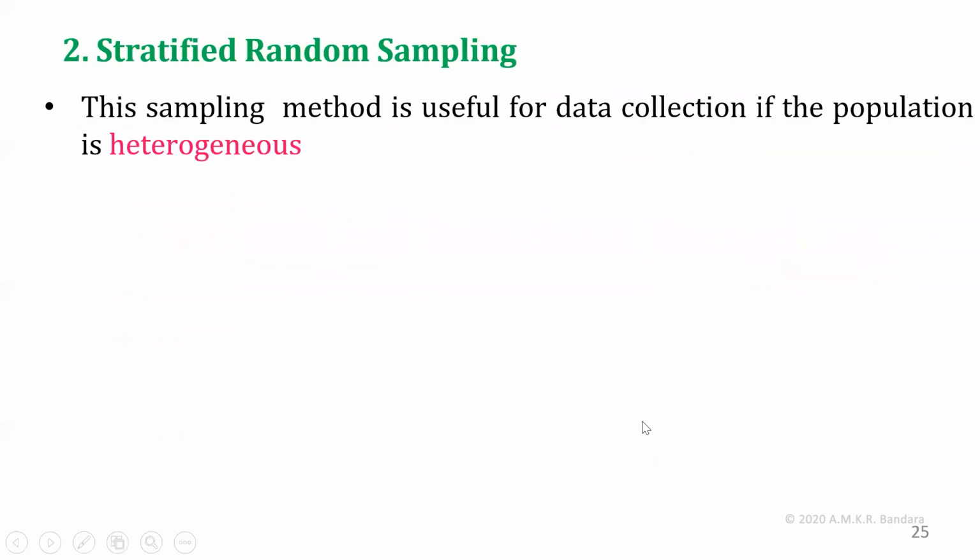Stratified random sampling is useful for data collection if the population is heterogeneous. In simple random sampling, we said that the population should be homogeneous. That is, all individuals should have similar characteristics with respect to our variable of interest or research variable.